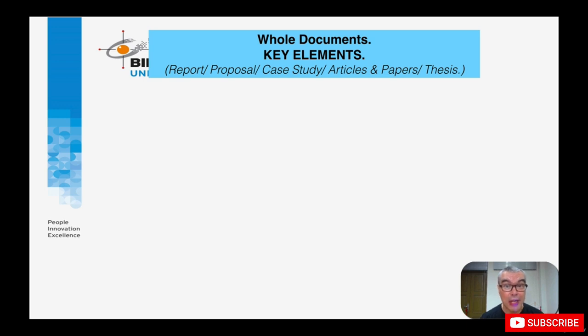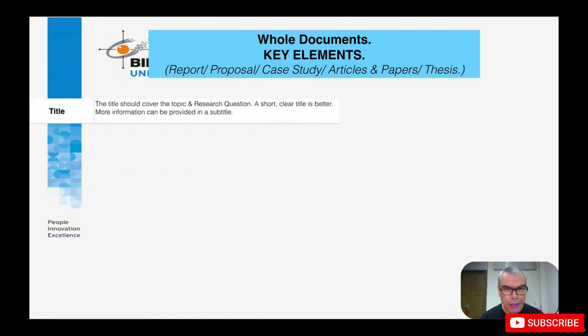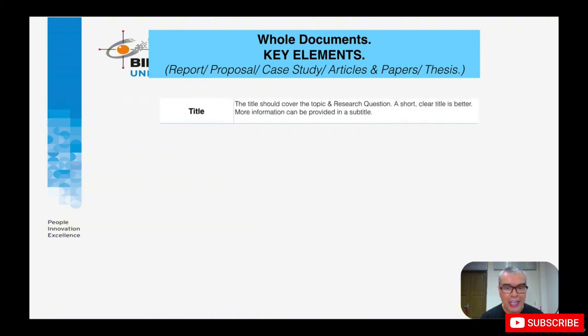Okay, so let me go through them in a kind of chronological order for you. Of course, we're going to start with the title. You'll need some kind of title, and try and make your title short and attention catching if you can. There's no point trying to prove you are clever and intellectual with a long and complicated topic. So just cover the topic in a simple and clear way.